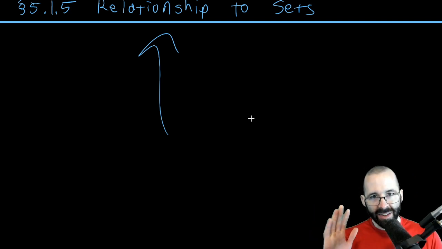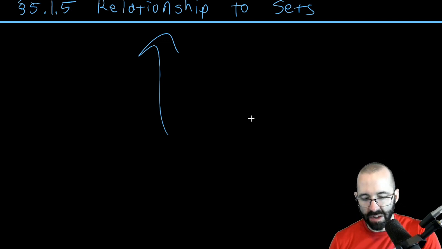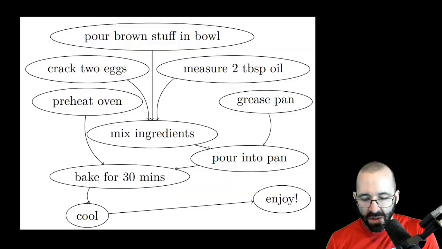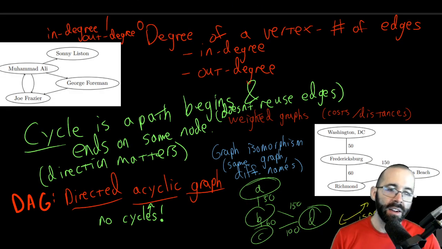We've already said some of these, but we're just going to bring them back and make things a little bit more clear. So remember, let's look at a digraph over here and an undirected graph.